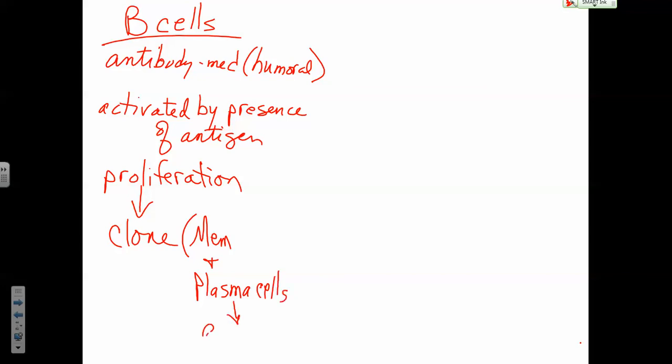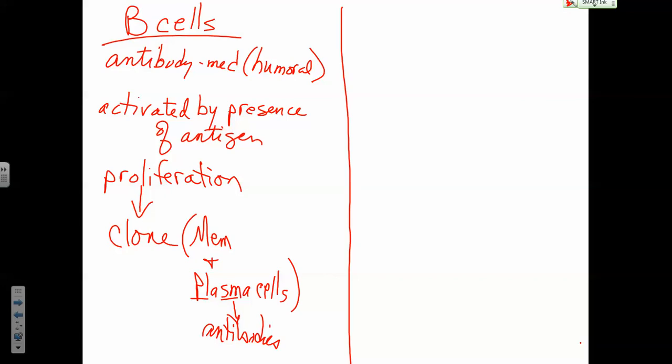Antibodies. Memory cells and plasma cells, and it's the plasma cells that make the antibodies directly. The memory cells are for later, if you encounter that same thing again. That's in a nutshell the B cells, and then you need to know about antibodies, the different categories of antibodies, like I talked about.